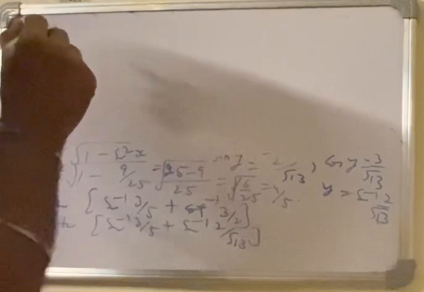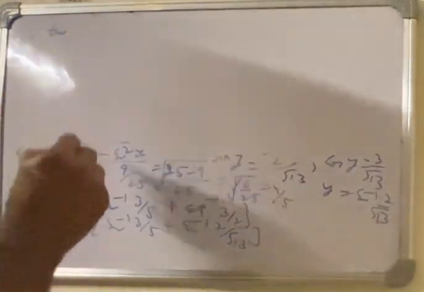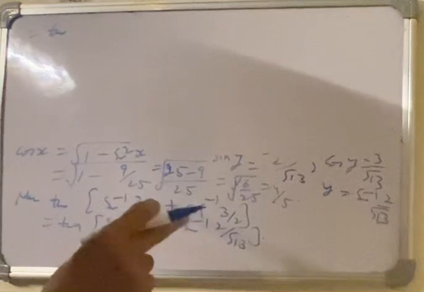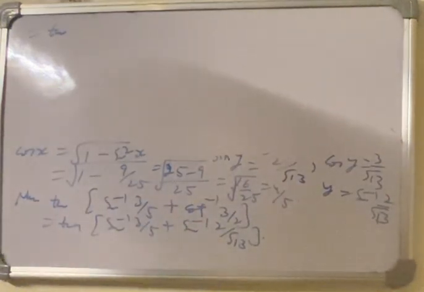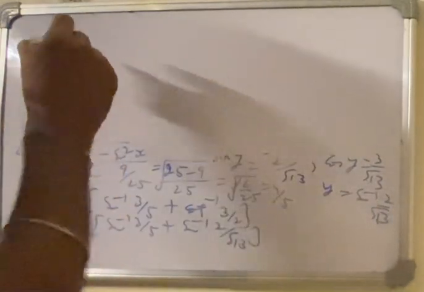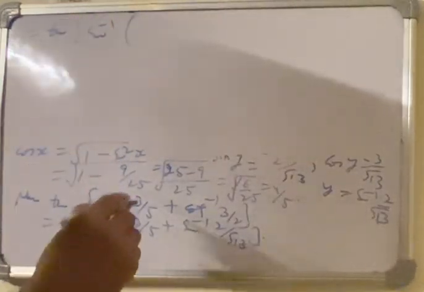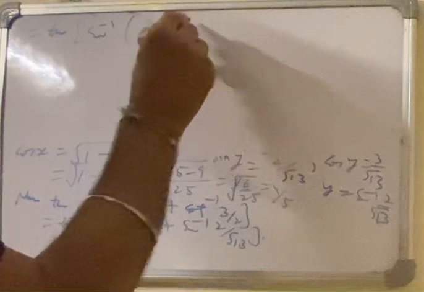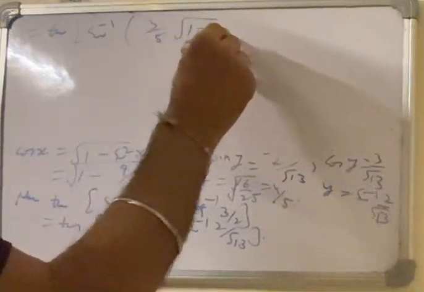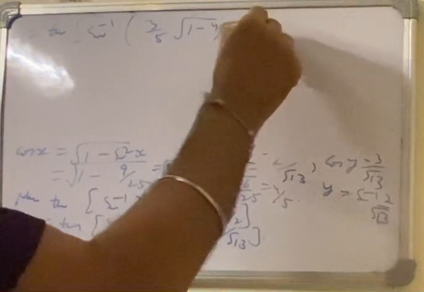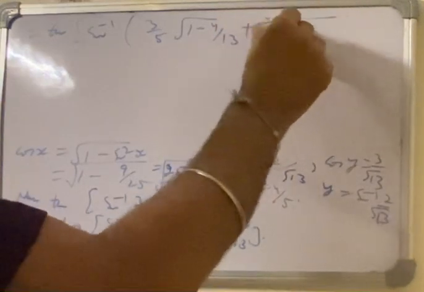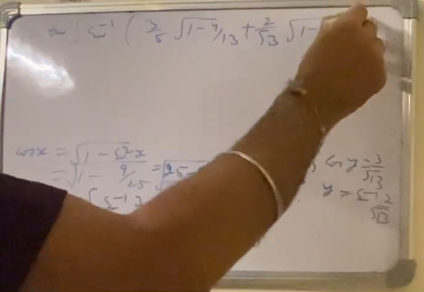Therefore, sin inverse A plus sin inverse B is sin inverse of A into square root of 1 minus B square plus B into square root of 1 minus A square. That is tan of sin inverse of 3 over 5 into square root of 1 minus 4 over 13, plus 2 over square root 13 into square root of 1 minus 9 over 25.